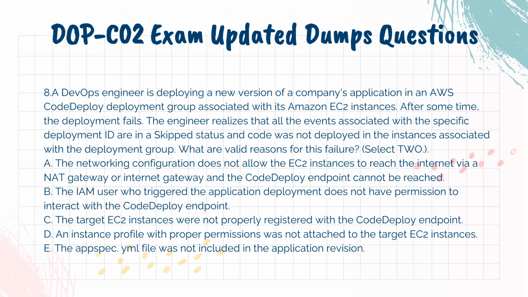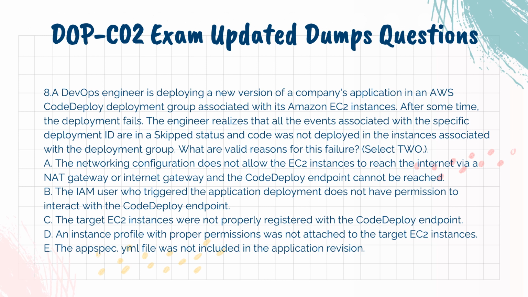Select 2. A. The networking configuration does not allow the EC2 instances to reach the Internet via a NAT gateway or Internet gateway, and the CodeDeploy endpoint cannot be reached. B. The IAM user who triggered the application deployment does not have permission to interact with the CodeDeploy endpoint.